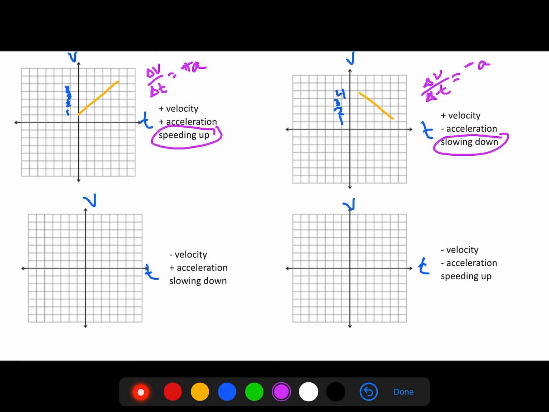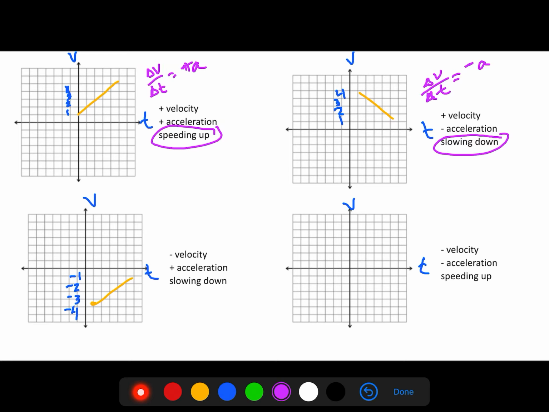But let's look at these graphs down here at the bottom. If I have a graph that has a negative velocity but a positive acceleration, the fact that I have a negative velocity means I am now on this side of the graph, okay? So a negative velocity but a positive acceleration would look like this, all right? The velocity values are negative, which means that my direction is in the negative direction.